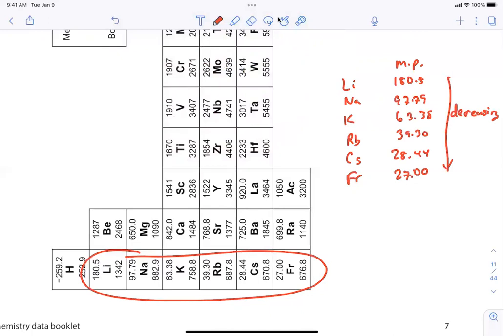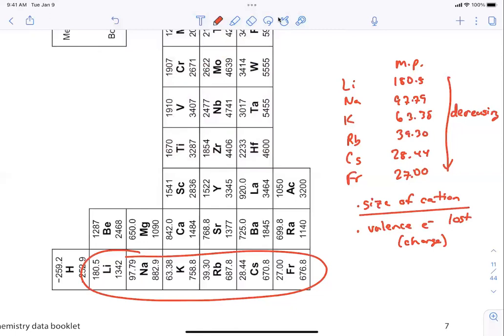That's because metallic bonding behaves differently than ionic and then covalent molecules. Metallic bonding is dependent on the size of the cation and the number of valence electrons lost, or the charge. Well, if you're all in group 1, the valence electrons lost is the same. They each lose 1. So what matters is the size of the cation. And with metallic bonding, the larger the atom, the weaker the attraction to the delocalized electrons that form metallic bonding.